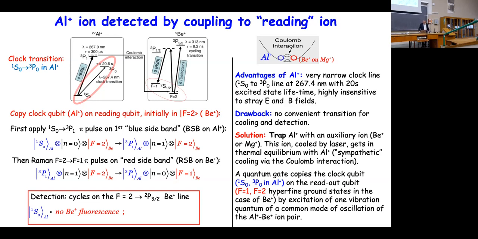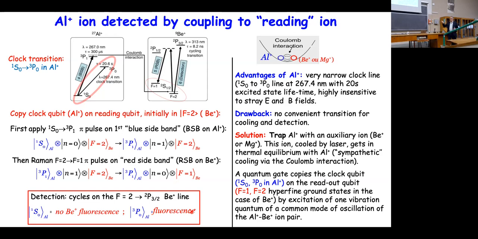On the other hand, if the aluminum ion has been transferred to this state, it is no longer here. And so in this case, the beryllium stays in the fluorescing state here. And you see that you have fluorescence. So you see that the fluorescence of the beryllium ion depends upon the state where the aluminum ion is. If the aluminum ion is in 1s0, there is no fluorescence.